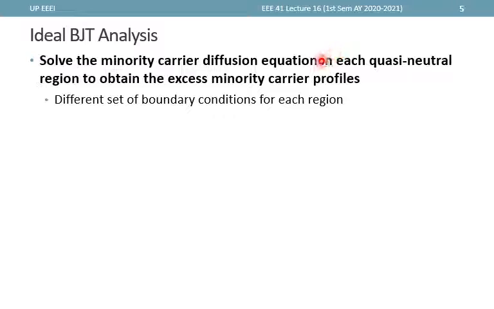So since we have a PNP with three quasi-neutral regions, let's consider this figure right here, where we have the emitter, the base, and the collector.